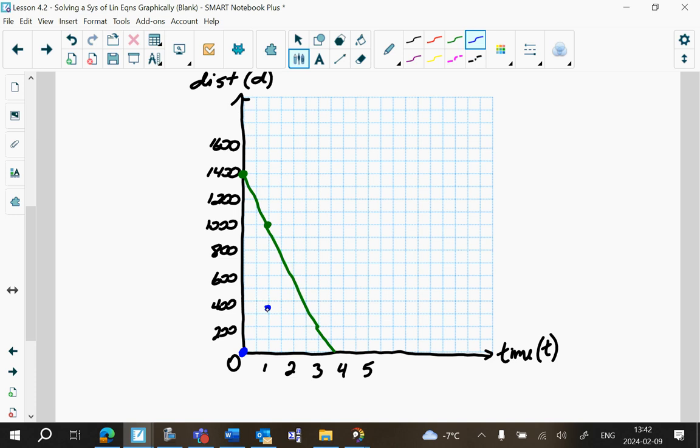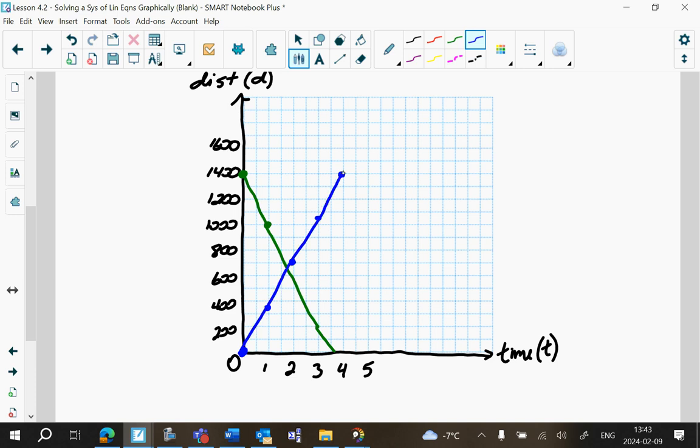So I'm going up 3.5 notches and over 2. Up 3.5 notches and over 2. Notice I can just keep counting points using the slope. And I end up with that.